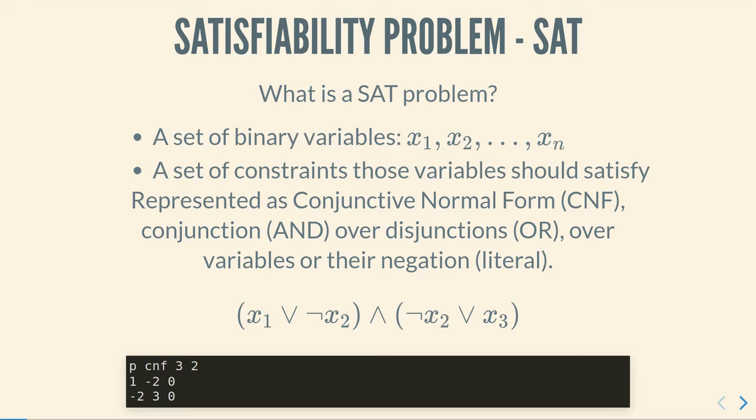That is the constraint of x1 being true or x2 must be false, and a 0 which is a termination of the clause. And the second constraint, not 2 or 3, is the second clause in the CNF file. So this is a SAT problem, and this is how it's represented in a computer.